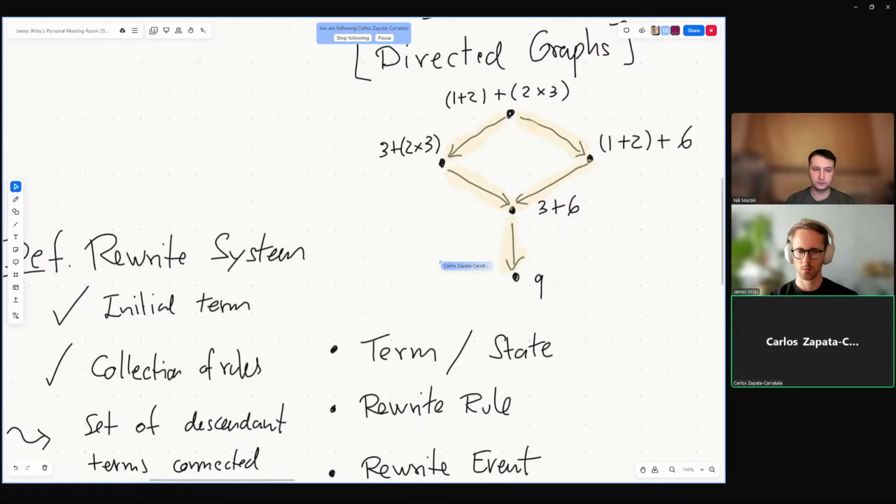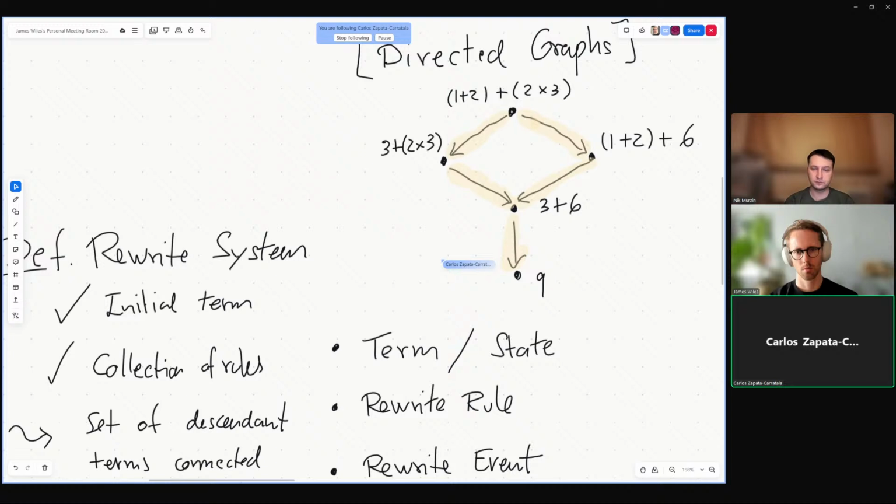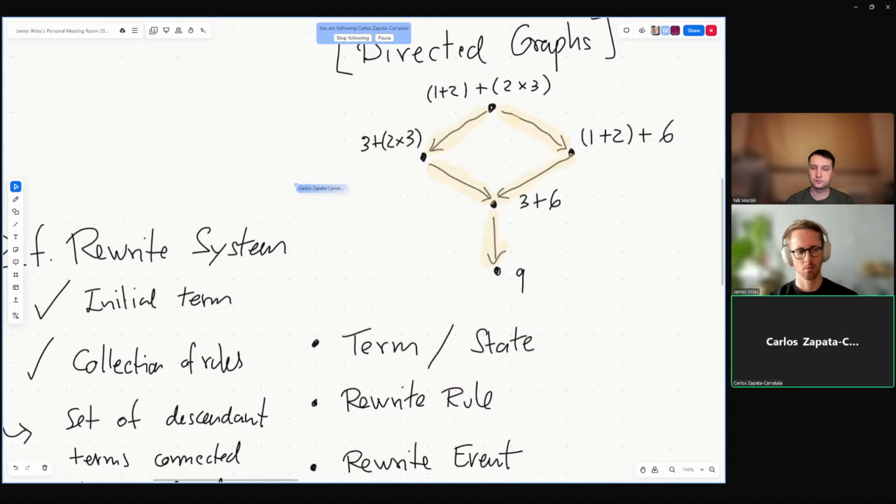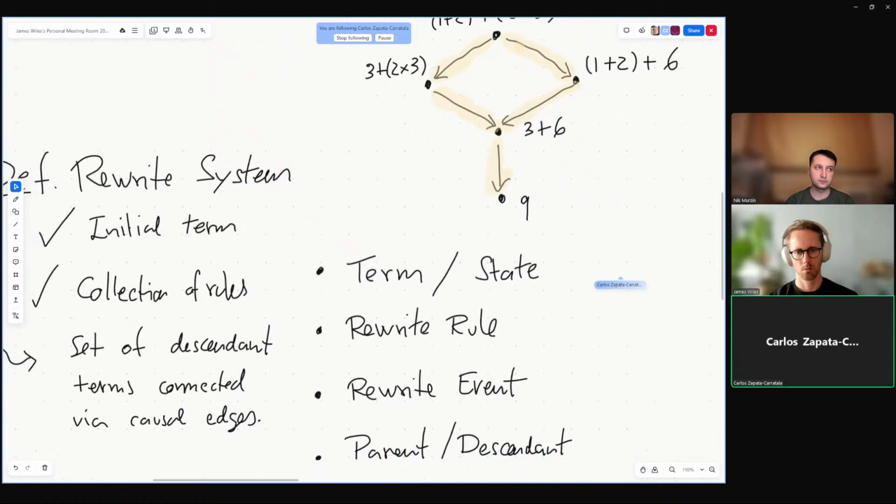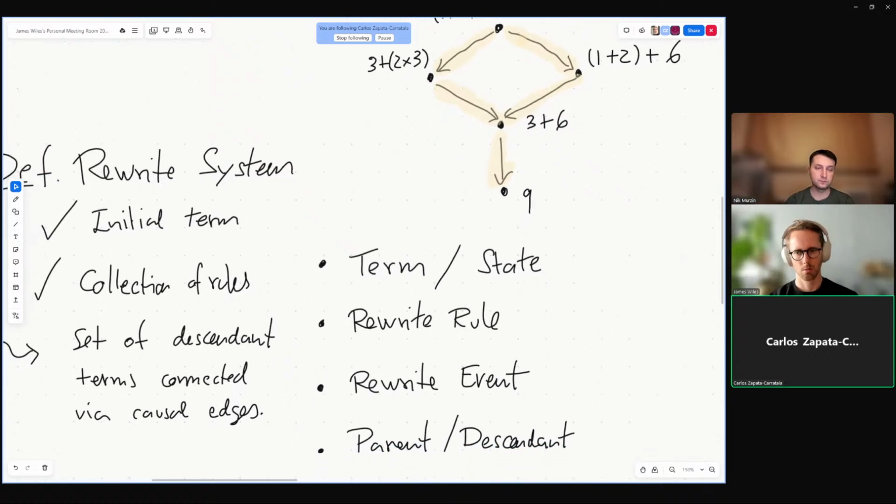So is this rewrite system the 1 plus 2 plus 2 times 3 and arithmetic, or is it this particular diagram? That is something that varies from author to author, or from community to community. But essentially, you can imagine that for finitary ones and terminating ones, those two things are one and the same, because obviously, when given one, you can generate the other. So it should be fairly clear.